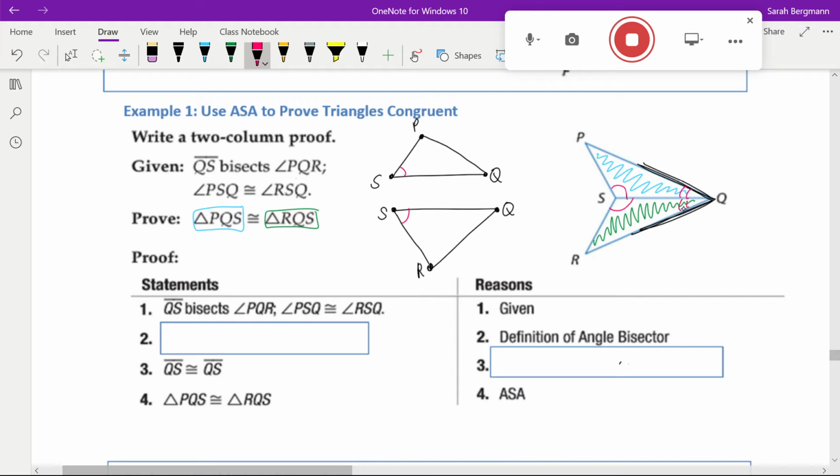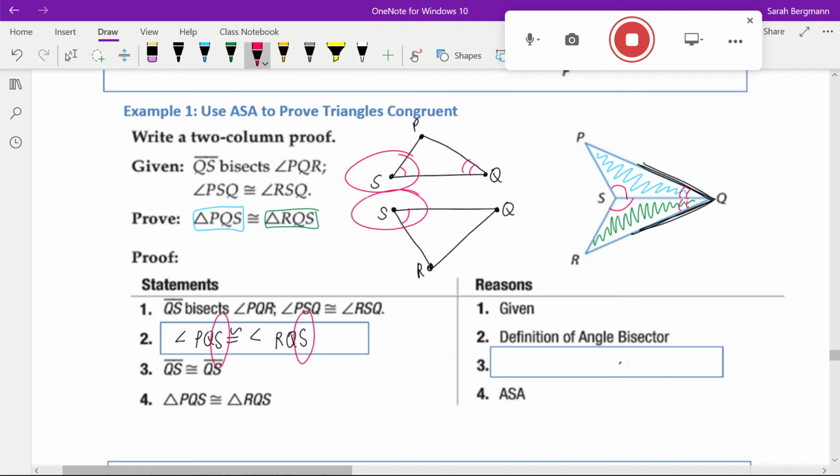So we could conclude that angle PQS must be congruent to angle RQS. The reason I wanted to put point S last is because I know that it corresponds to angle S on each one.